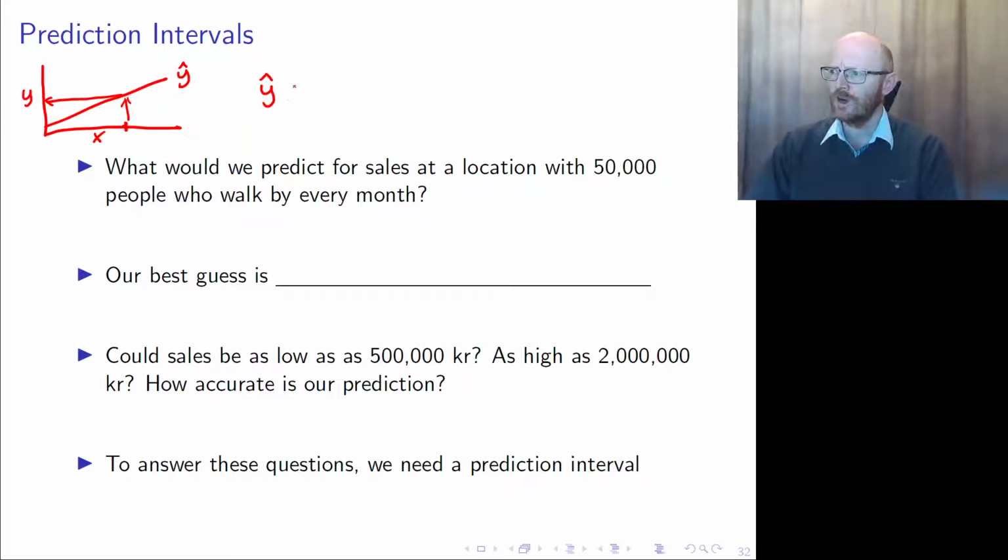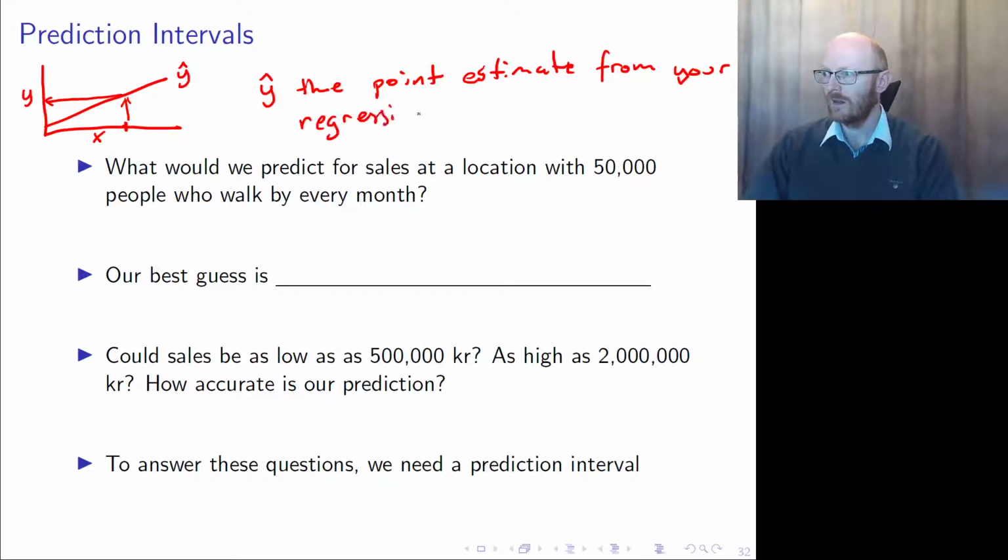Okay, so y hat is the point estimate or point prediction from your regression line.